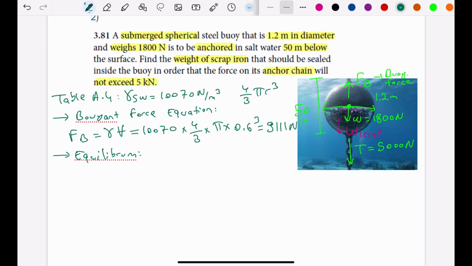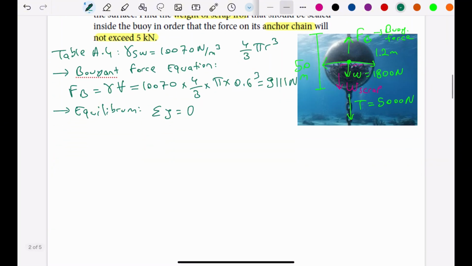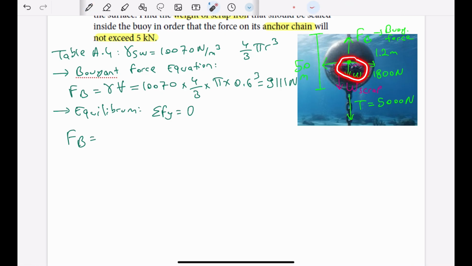Because this object is floating, it means it is in a state of static equilibrium. So there is no acceleration, so there is no up or down movement. Therefore, total vertical forces are 0. And let's write all vertical forces. We have FB, which is buoyancy force. On the opposite side, we have weight of this entire steel.